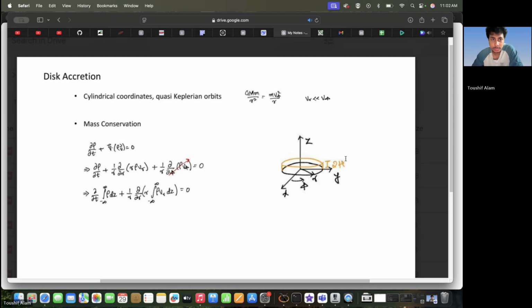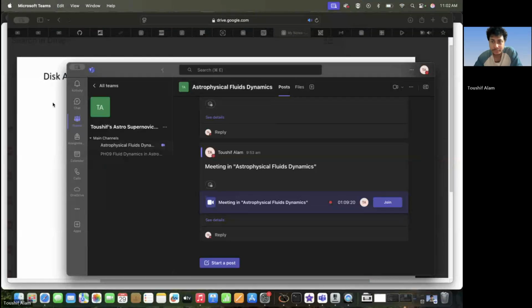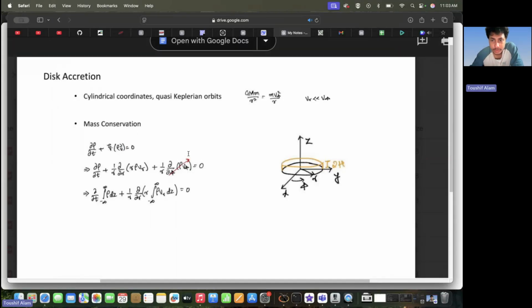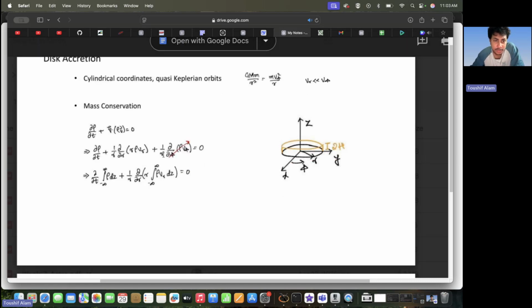Then we see that del rho by del t plus del dot rho v is 0, the mass conservation.